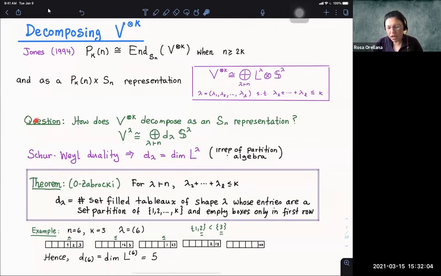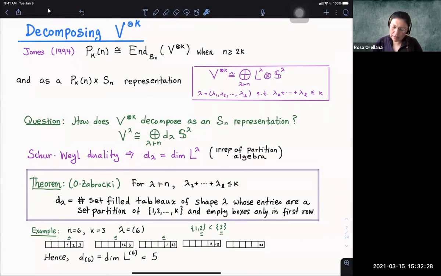Remember the question, how does this decompose as a representation of Sn, right? Well, the Howe duality tells us that this theorem of Jones tells us that it's going to be the dimension of these representations, which are the irreducible representations of the partition algebra.